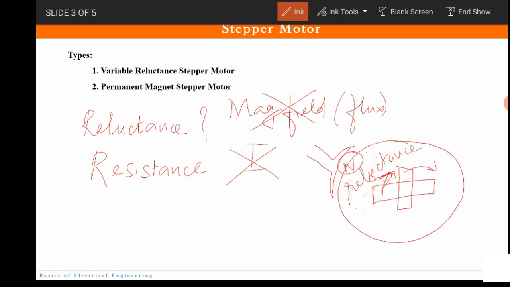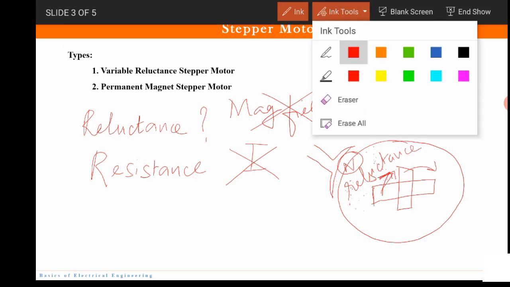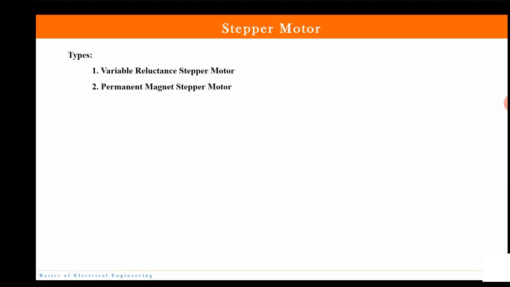Because of this factor, this type of motor is known as variable reluctance stepper motor. And we have seen that in variable reluctance stepper motor we use ferromagnetic material. And if the same is made up of permanent magnet, then it would be called a permanent magnet stepper motor.